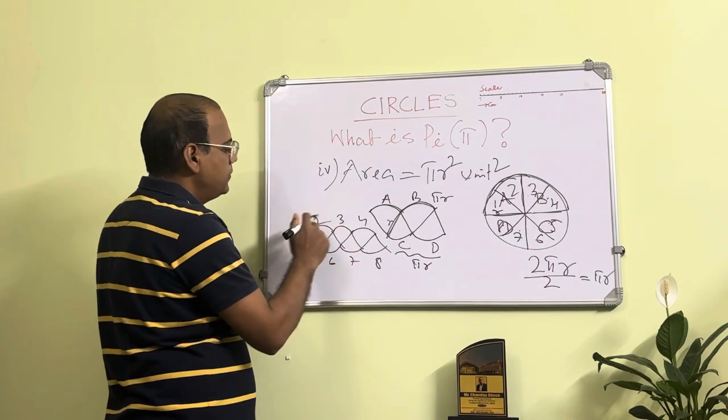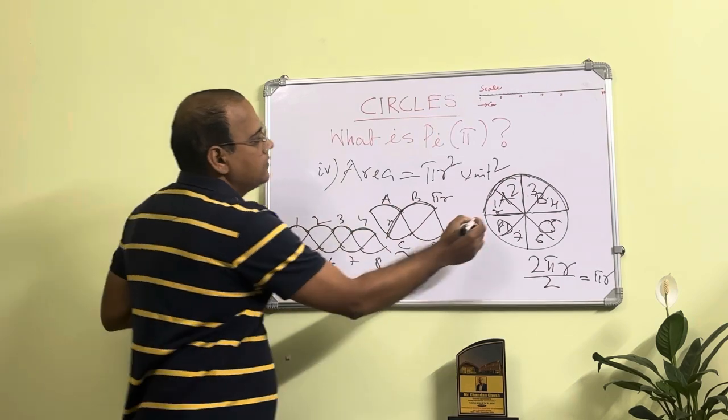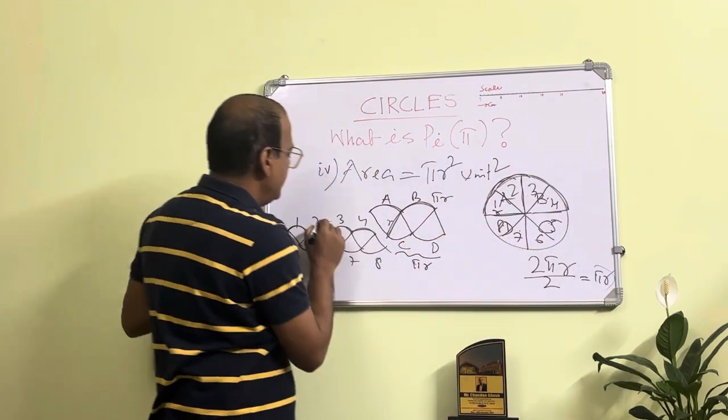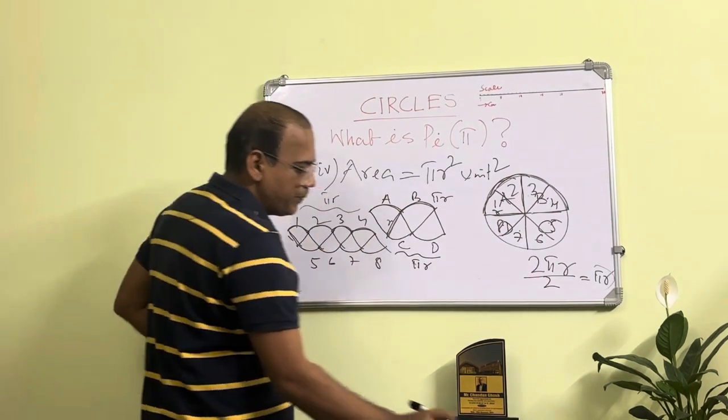So 1, 2, 3, 4. This perimeter again makes, basically, the semicircle. So it is pi r. Again, this portion is pi r, and this is the radius.